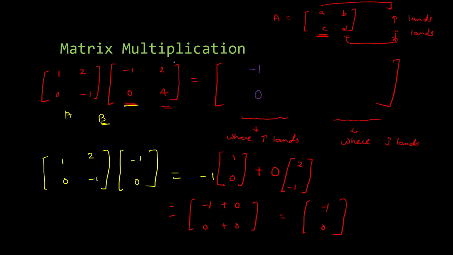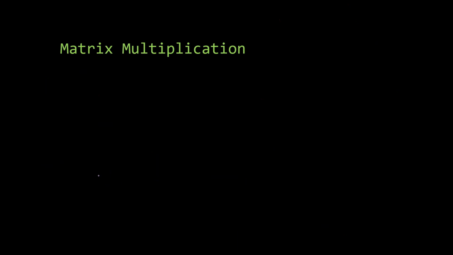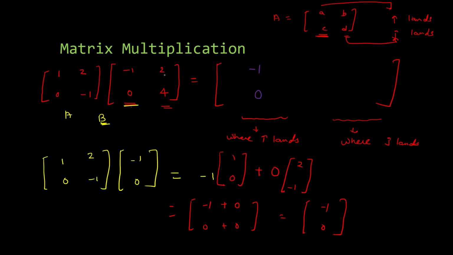Now we want to do the same computation for the second column. Let me do it on the next slide. The second column is multiplied by this matrix 1, 2, 0 and -1. So this would be the matrix 1, 2, 0, -1 multiplied by the second column, which was 2 and 4.